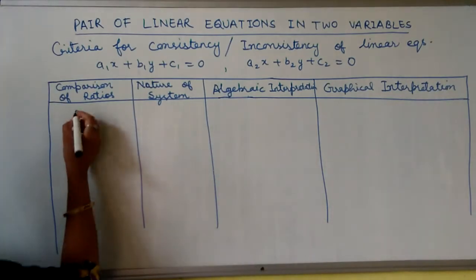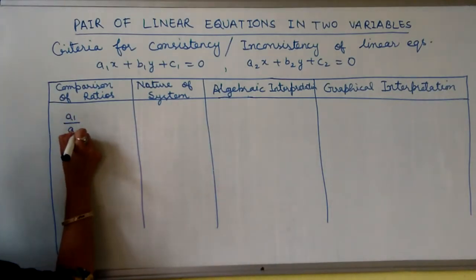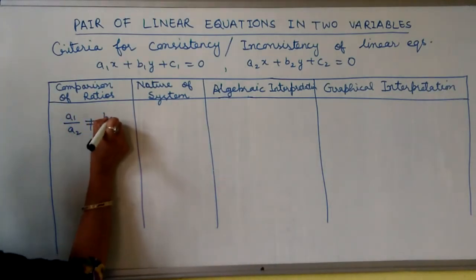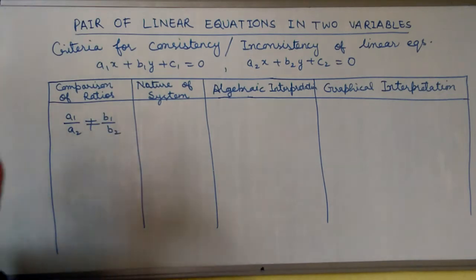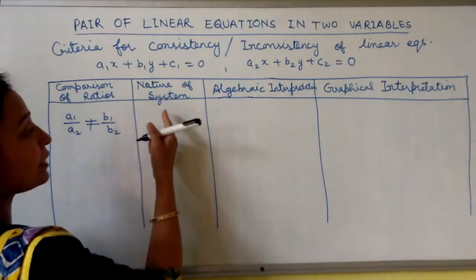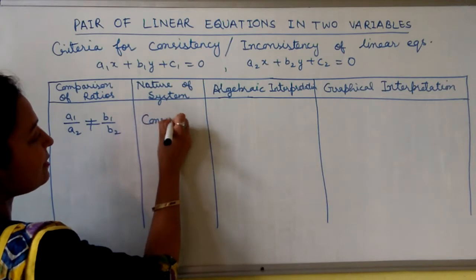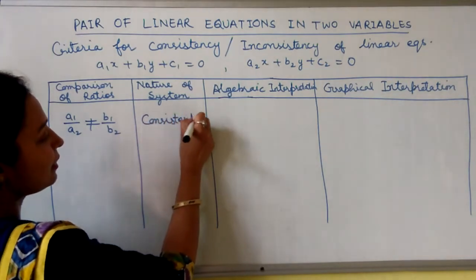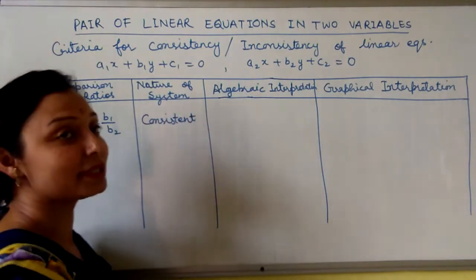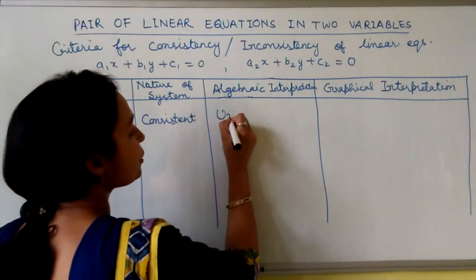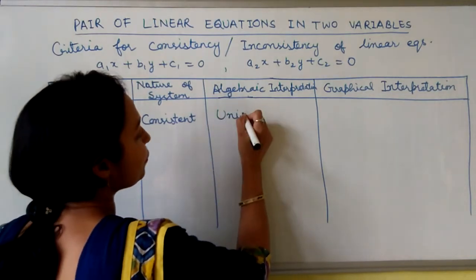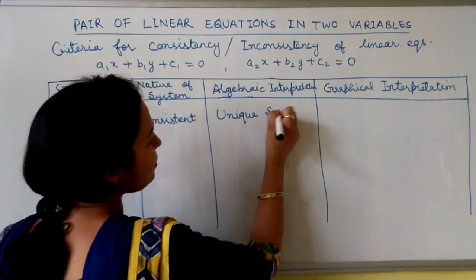Come to the first part, that is if a1 upon a2 not equals to b1 upon b2. Then what will happen? The nature of the system is consistent, right? And the algebraic interpretation says that it has a unique solution.